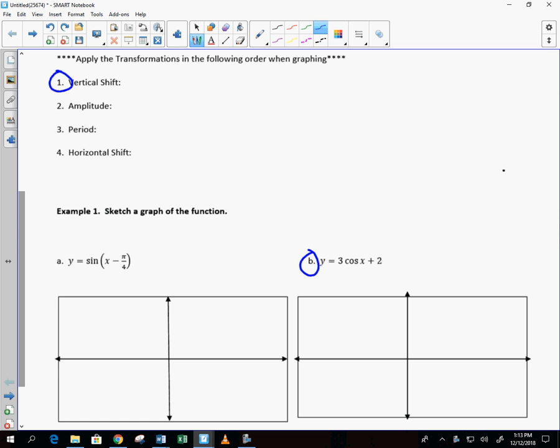Can anybody look at example B and identify the vertical shift? 2.